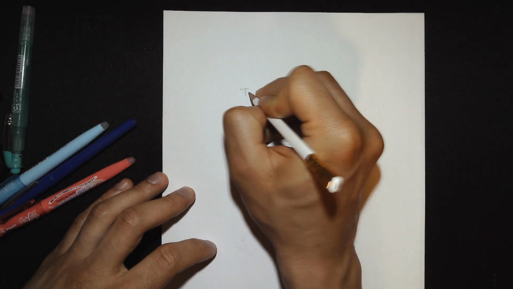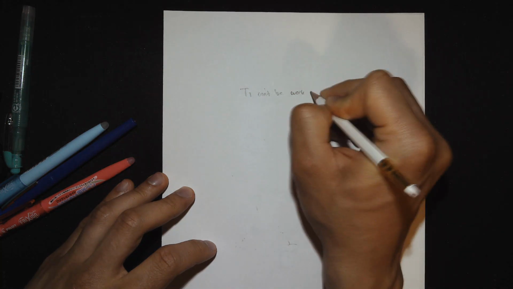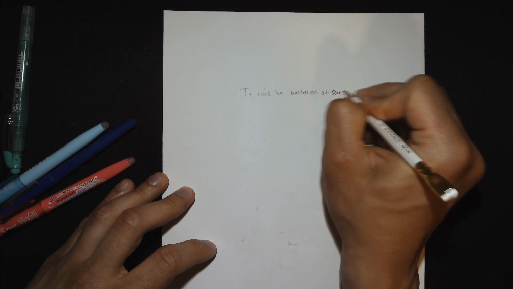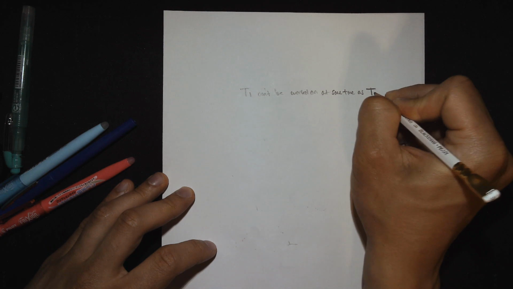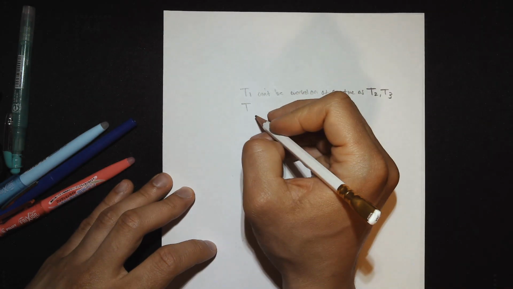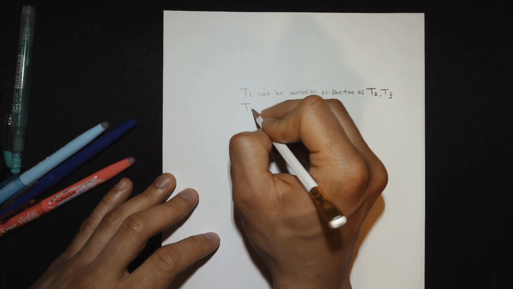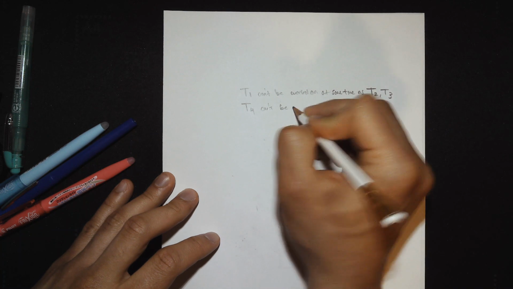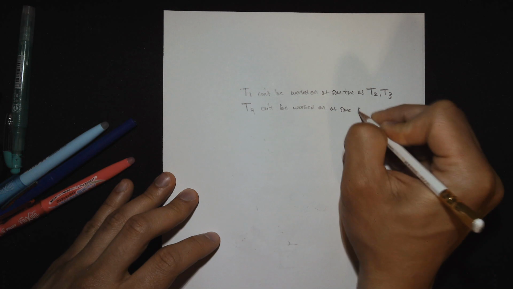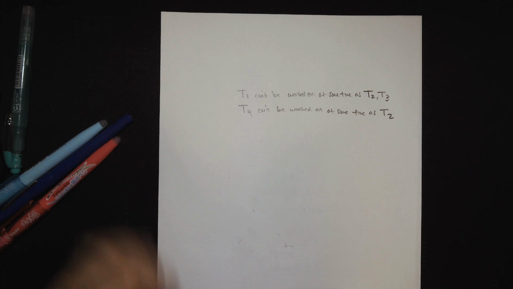So say task 1 can't be worked on at the same time as T2 and T3, and then task 4 can't be worked on at the same time as task, let's say, 2, okay?